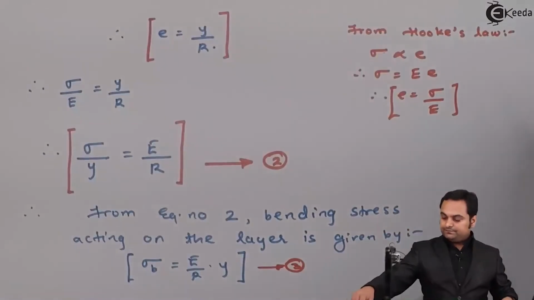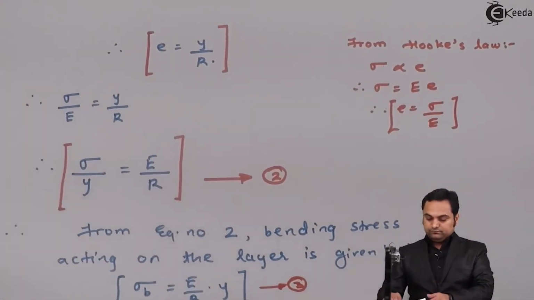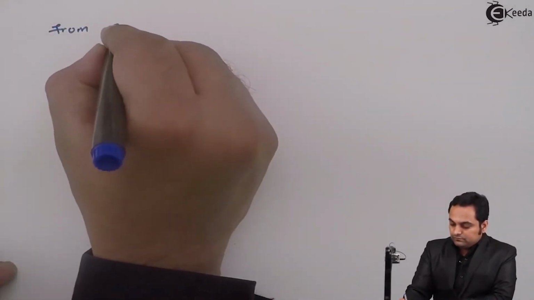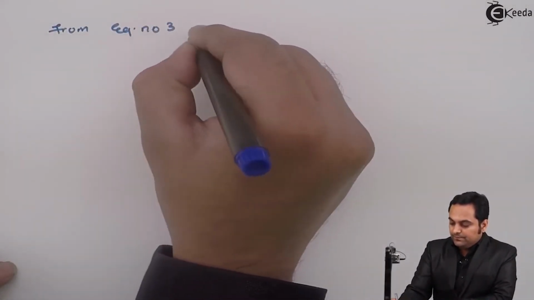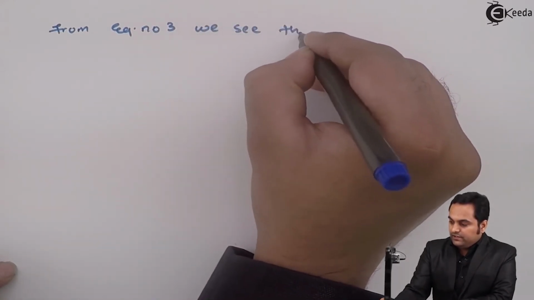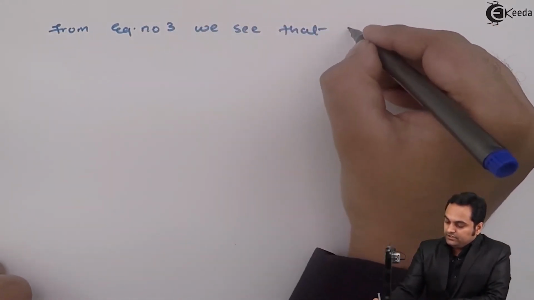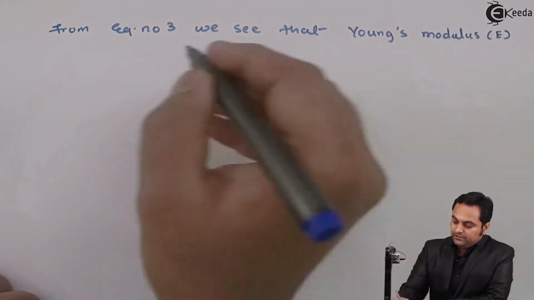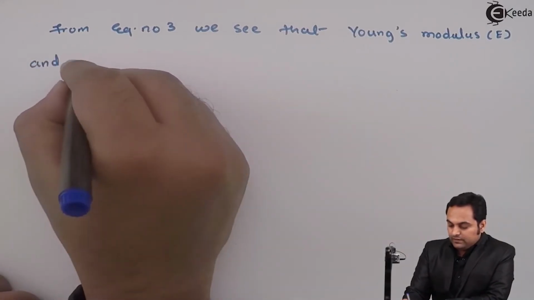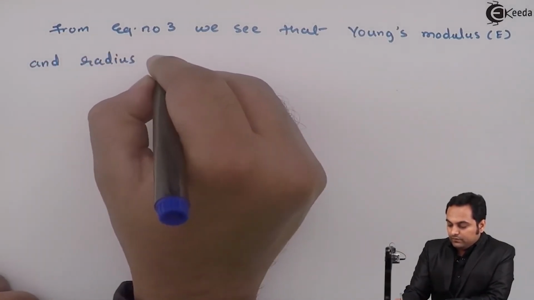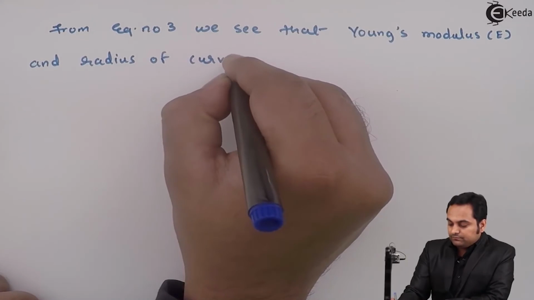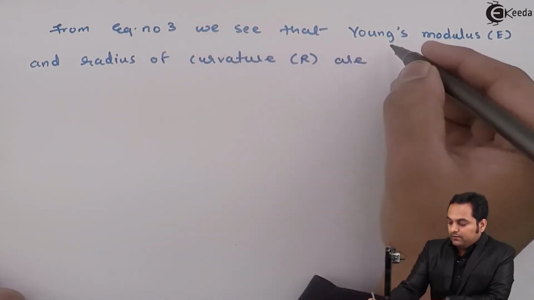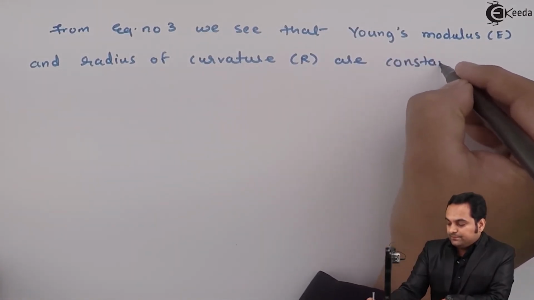So from equation number 3 we see that Young's modulus capital E and radius of curvature capital R are constants.